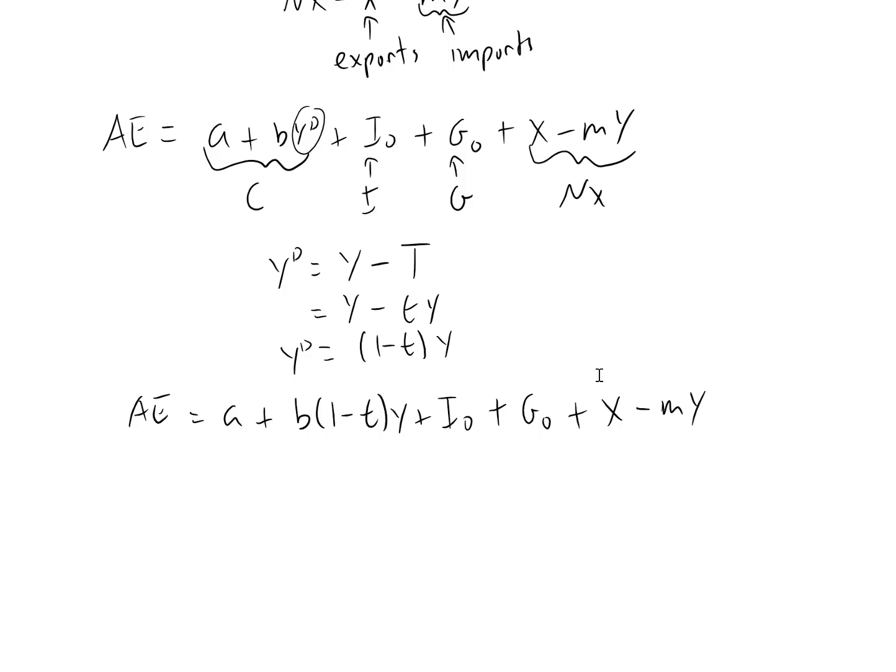We talked about what is going to influence the level of X and the level of M, such as foreign incomes, Canadian prices, or exchange rates shifting those things around. And then we're simply plugging these functional forms into our AE function, and eventually we're going to collect terms and talk about what's happening.